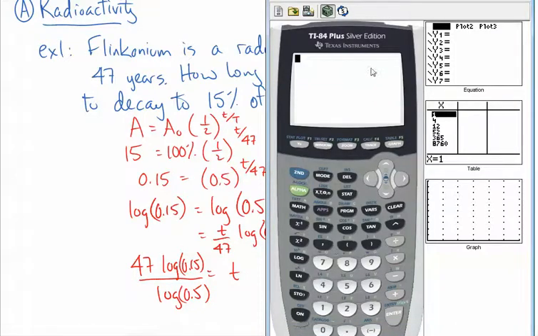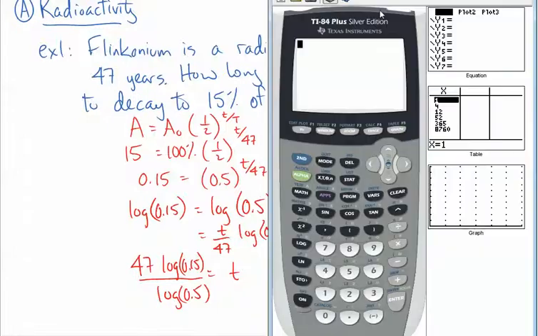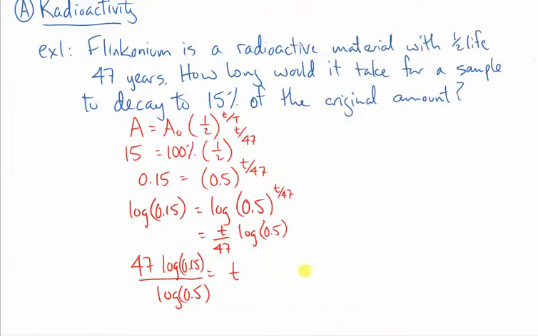We have 47 log 0.15, close the bracket, divide by log 0.5, close the bracket, equals 128.6. Okay, so time equals 128.6, the units are years, 128 years.